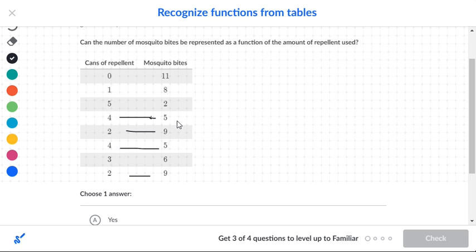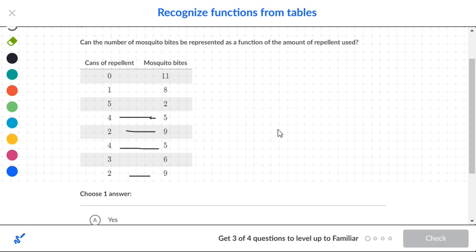So in other words, if the second number is different, it wouldn't work. For instance, if I put down 4 and 6, this would not be acceptable. So you can't repeat that first number with a different second number. So yes, this is a function.